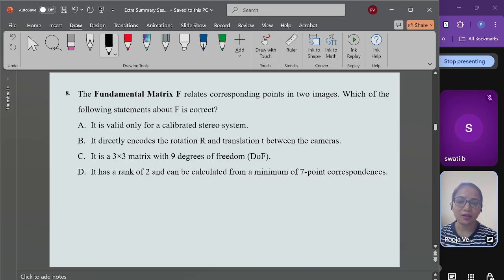Option B, it directly encodes the rotation R and translation T between the cameras. Option C, it is a 3x3 matrix with 9 degrees of freedom. Option D, it has a rank of 2 and can be calculated from a minimum of 7 point correspondences. Which statement is true about the fundamental matrix F?